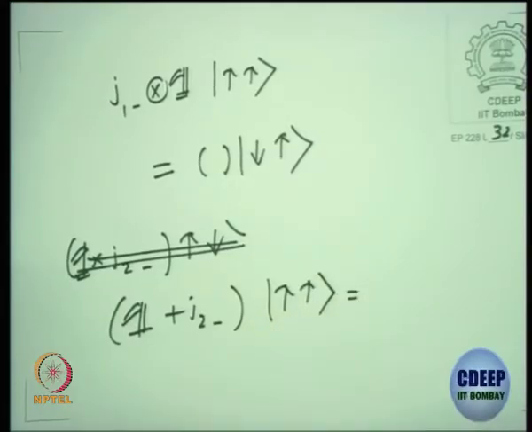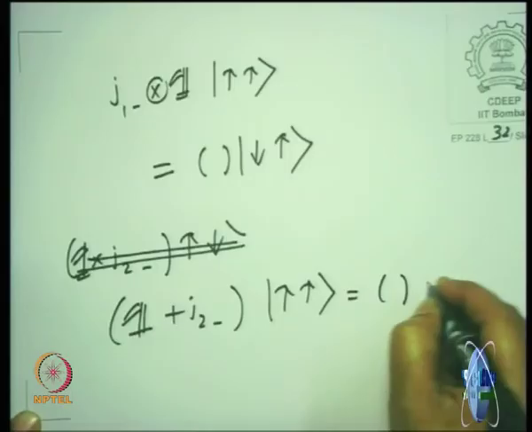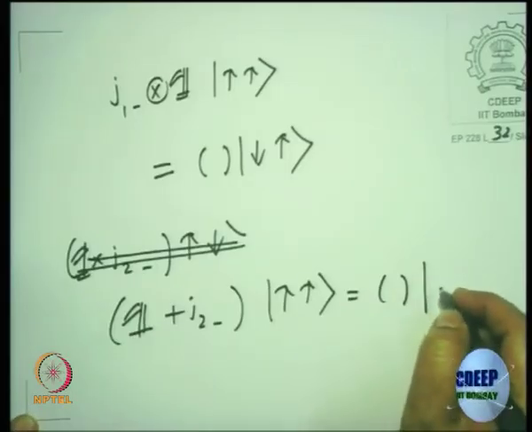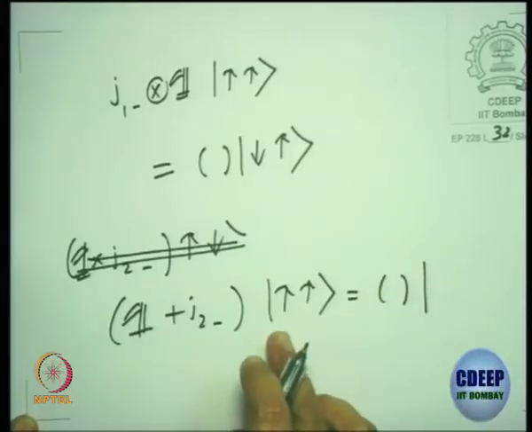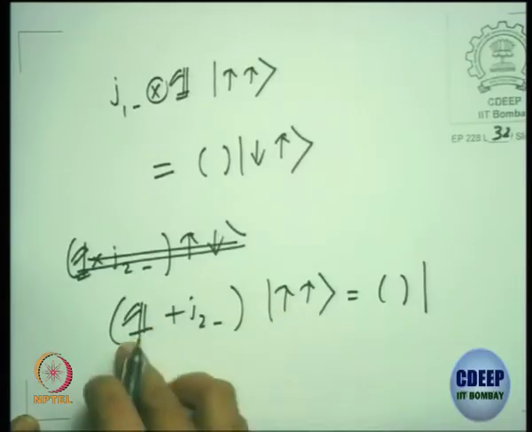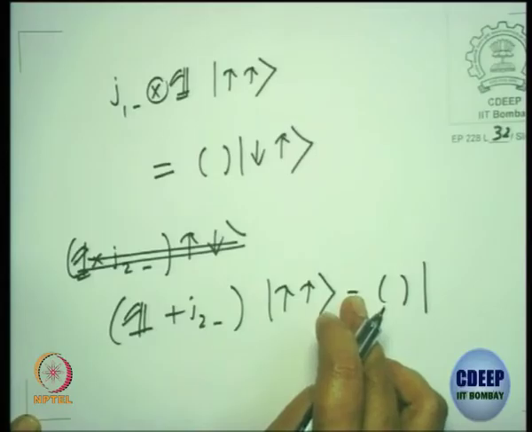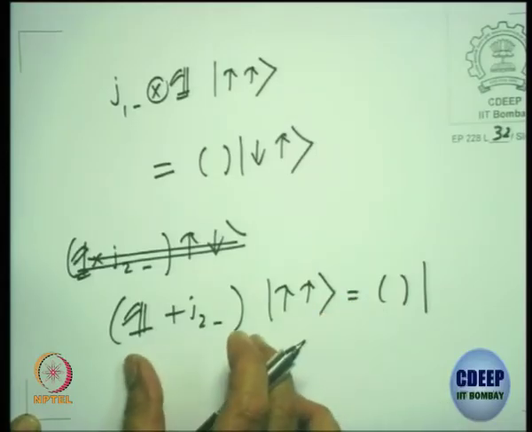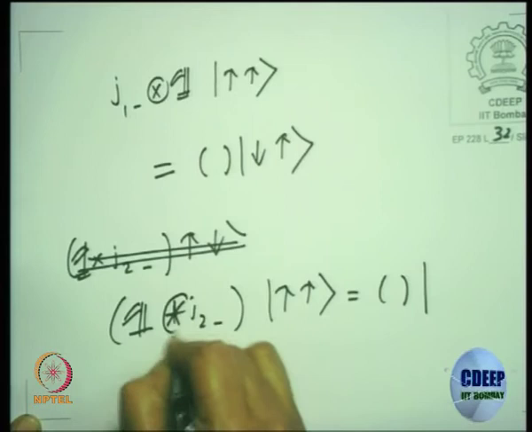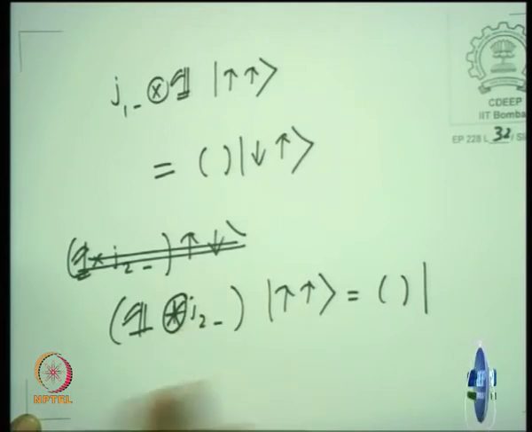What will this be? Some coefficient times identity on the first state and the lowering operator on the second state. That is why I am putting this notation.